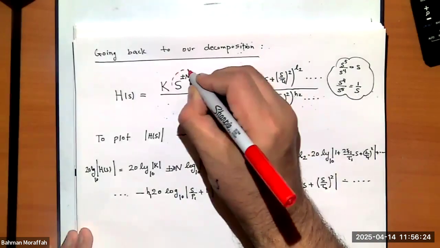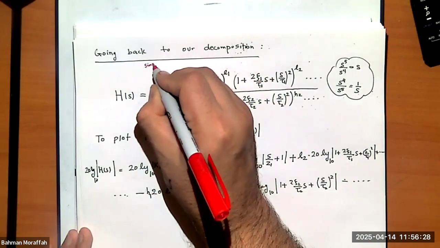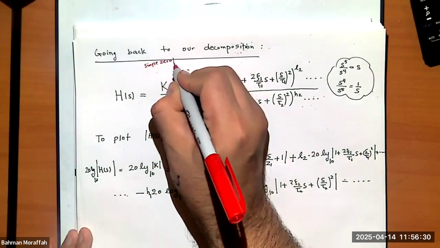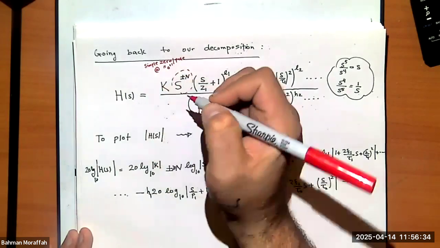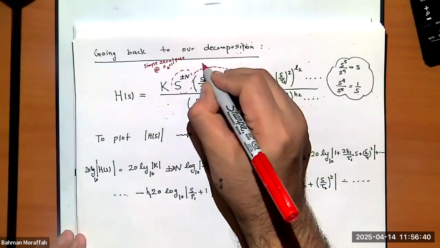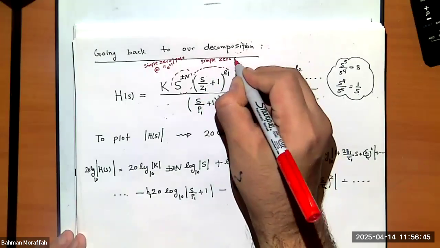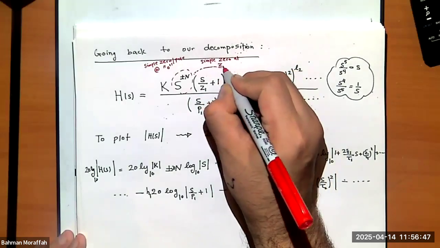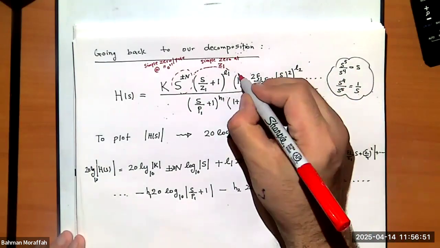So this was basically a simple zero at zero. This is a simple zero of multiplicity r1.